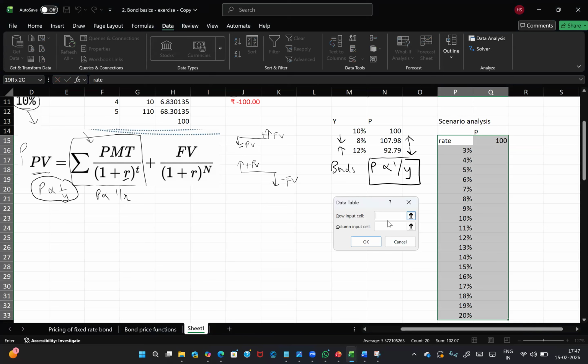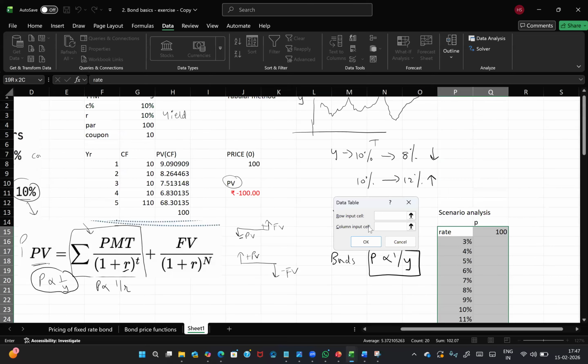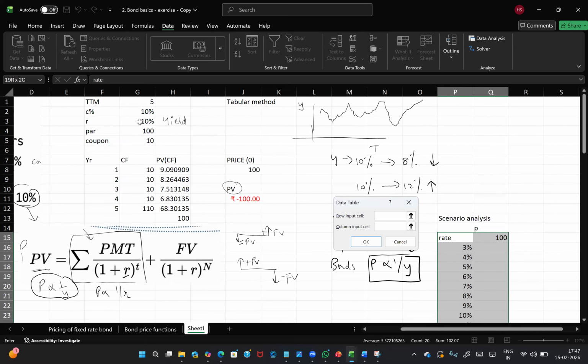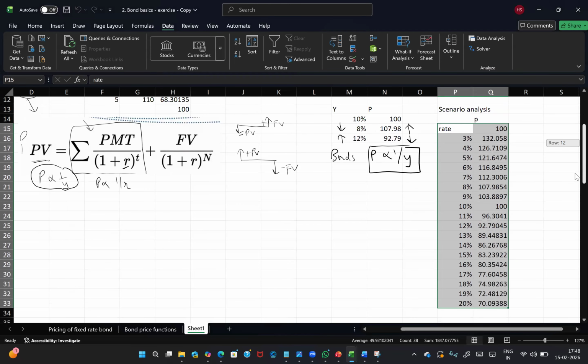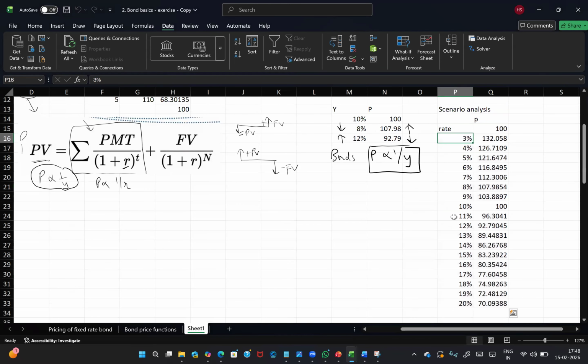Now the row input is blank here because all my scenarios are in one column, and hence in row I will not put anything, but in column I will give the input cell as the base value of rate, which is defined here in cell G3. And I press OK, and these will be all the prices of the bonds. So for all these yields, these are the prices.